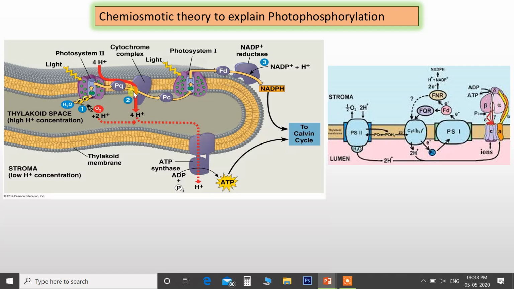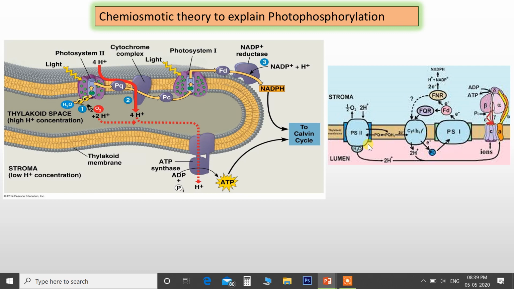In between PS2 and PS1 there are electron carriers: plastoquinone, then cytochromes, plastocyanin, etc. Plastoquinone, in fact, is a hydrogen carrier rather than an electron carrier, but all others are simply electron carriers.